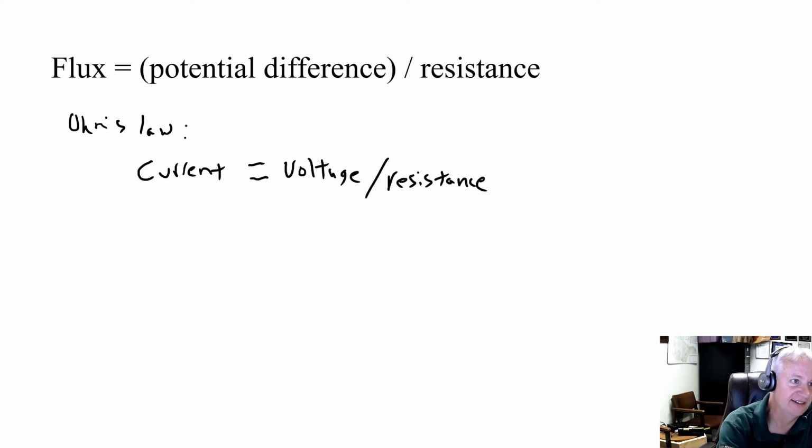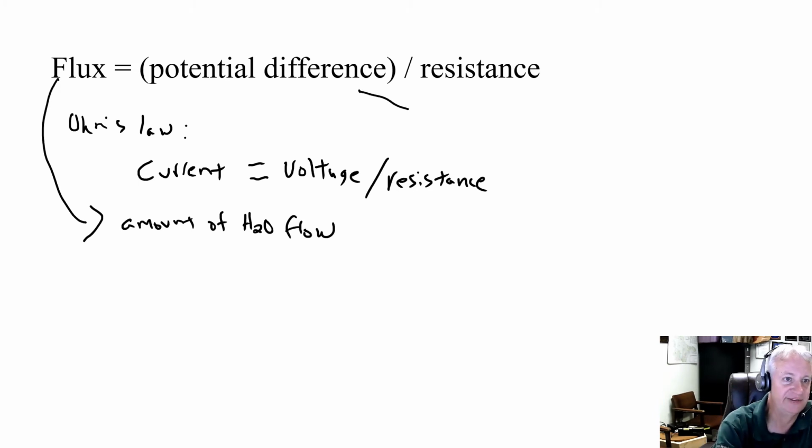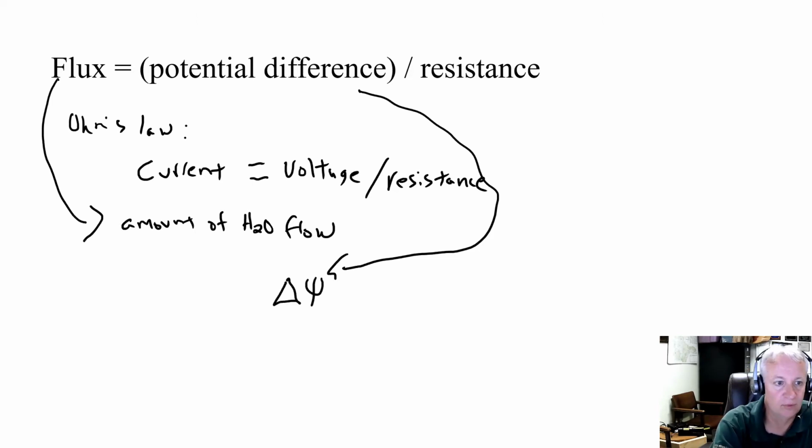So this is just a restatement of Ohm's law, where flux is the amount of water flow. The potential difference is just the delta water potential difference. It might be pressure potential, it might be total water potential difference between 2 points.